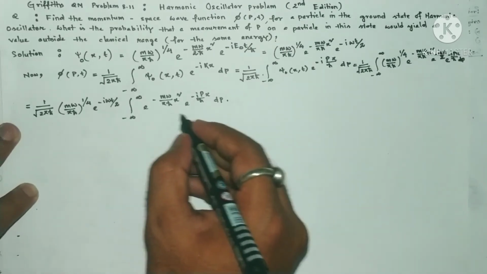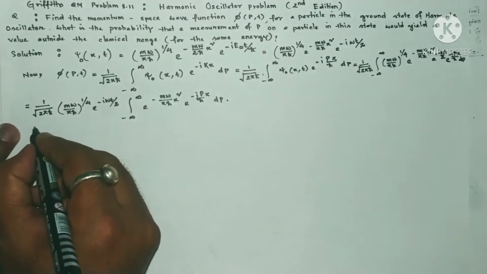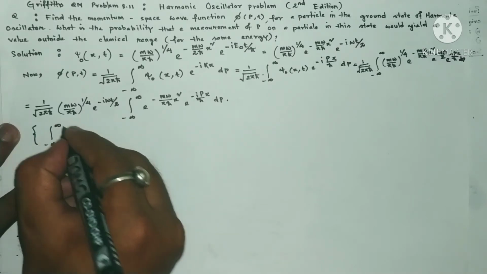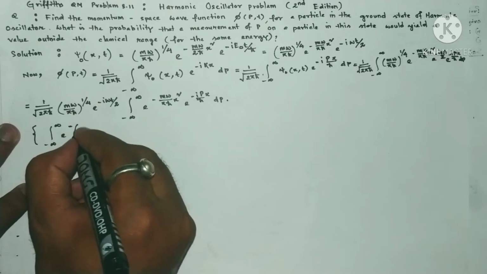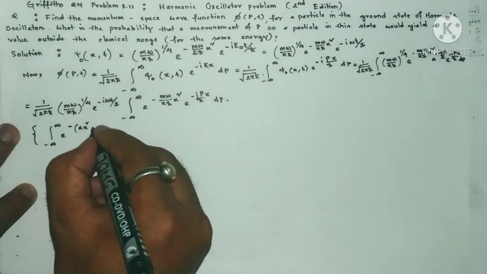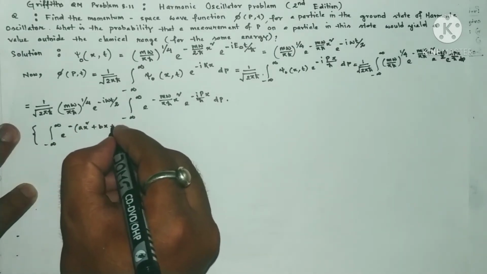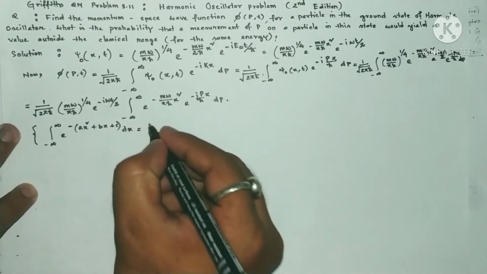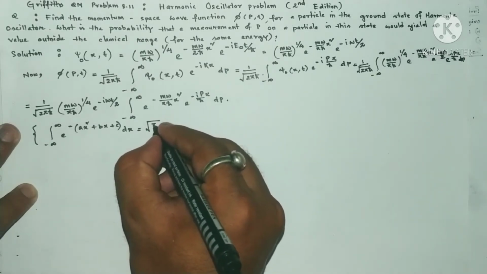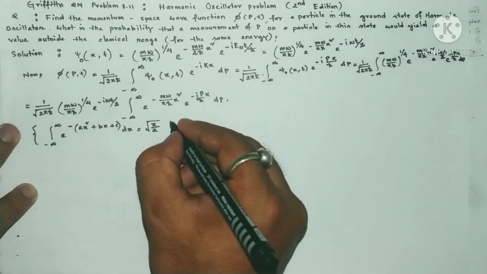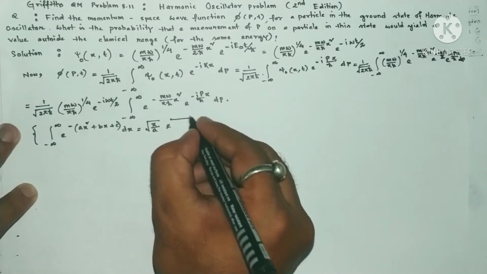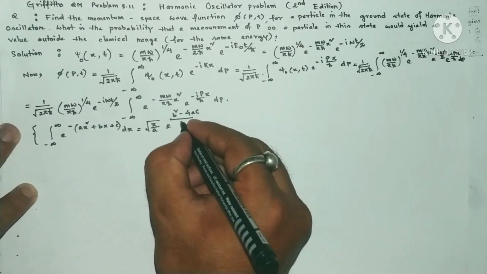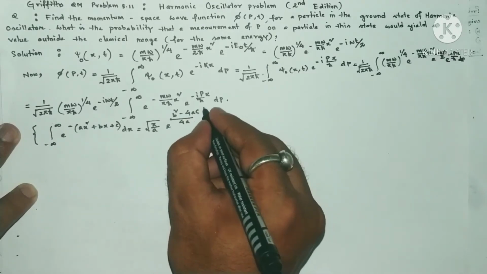For this integral we can use the formula: the integral from minus infinity to plus infinity of e raised to minus a x squared plus b x plus c, dx, equals under root pi by a, times e raised to (b squared minus 4 a c) by 4a. So this is the formula.